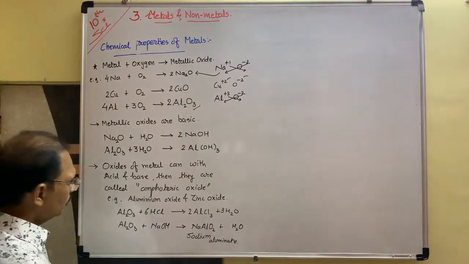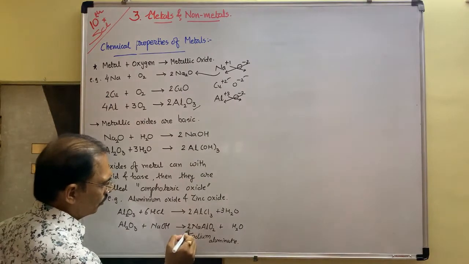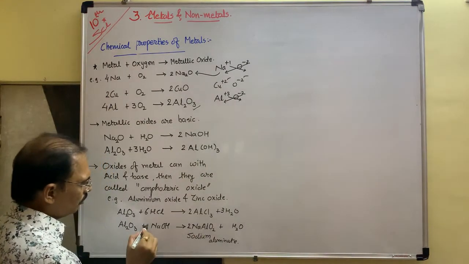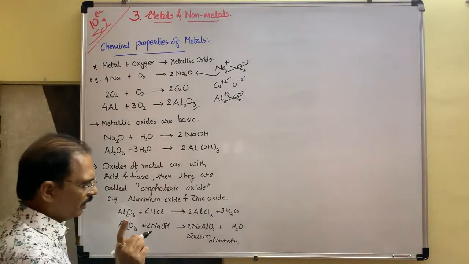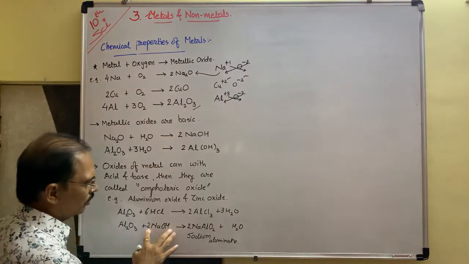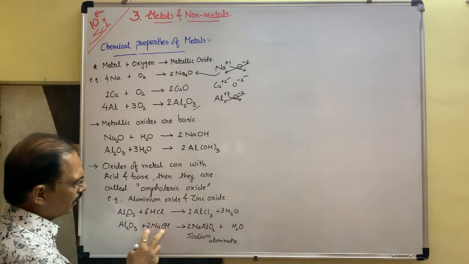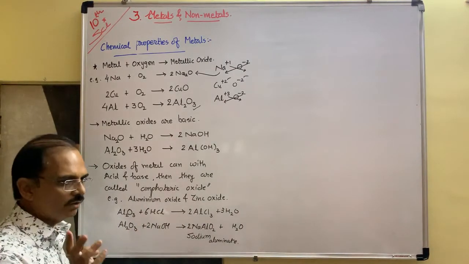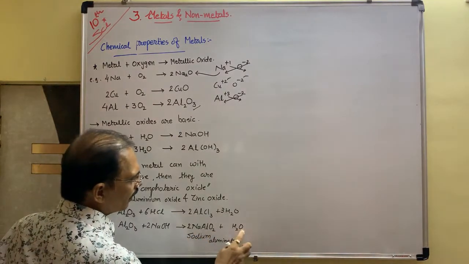Now if you want to balance, aluminium is 2, multiplied by here 2. So sodium will be 2 also, so multiplied by 2. Now check about hydrogen and oxygen. First check hydrogen, 2 ones are 2 hydrogen, so 2 is already there. Here 3 oxygen and 2 ones are 2, 3 plus 2, 5 oxygen on the left side, that is reactant. In product, 2 2s are 4, 4 and 1, 5.